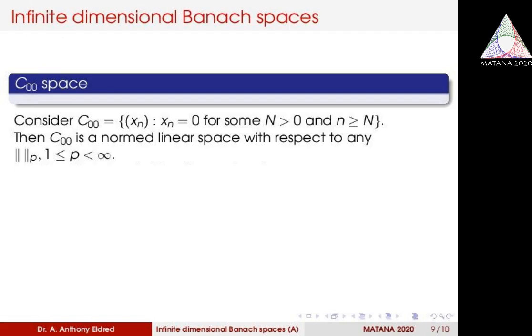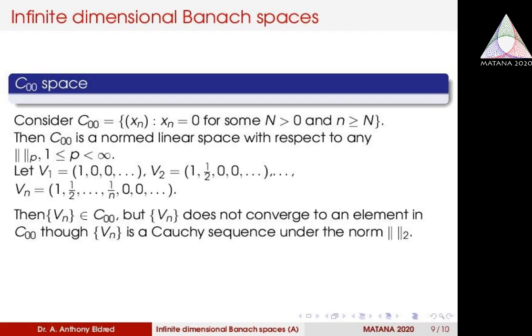So we construct a sequence in C naught naught as follows. Let v1 equal to 1, 0, 0 and so on. v2 equal to 1, 1 by 2, 0, 0, 0 and so on. And like that, vn equal to 1, 1 by 2, up to 1 by n, 0, 0, 0 and so on.